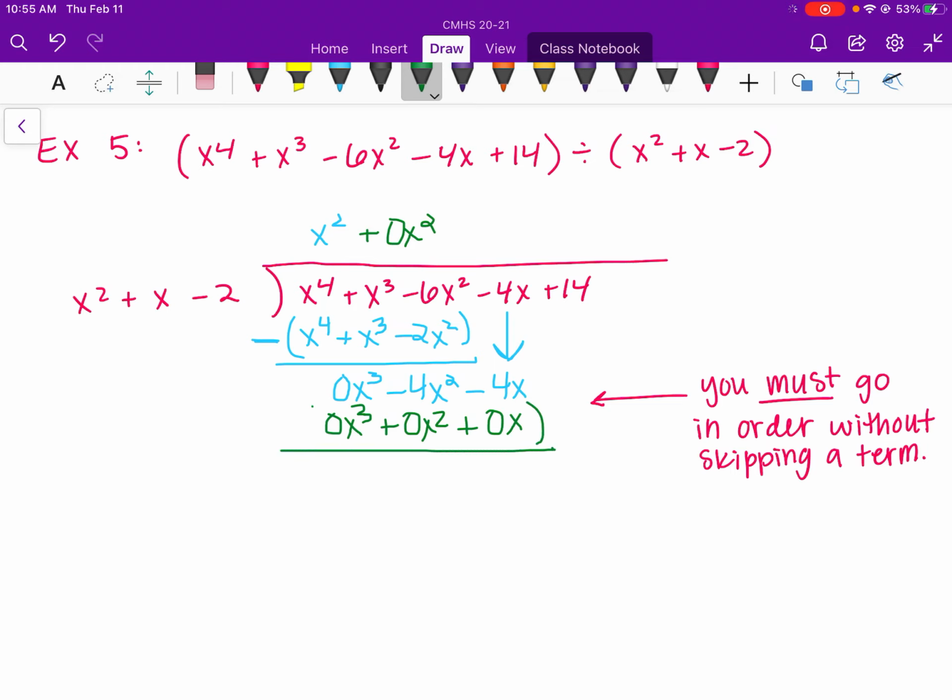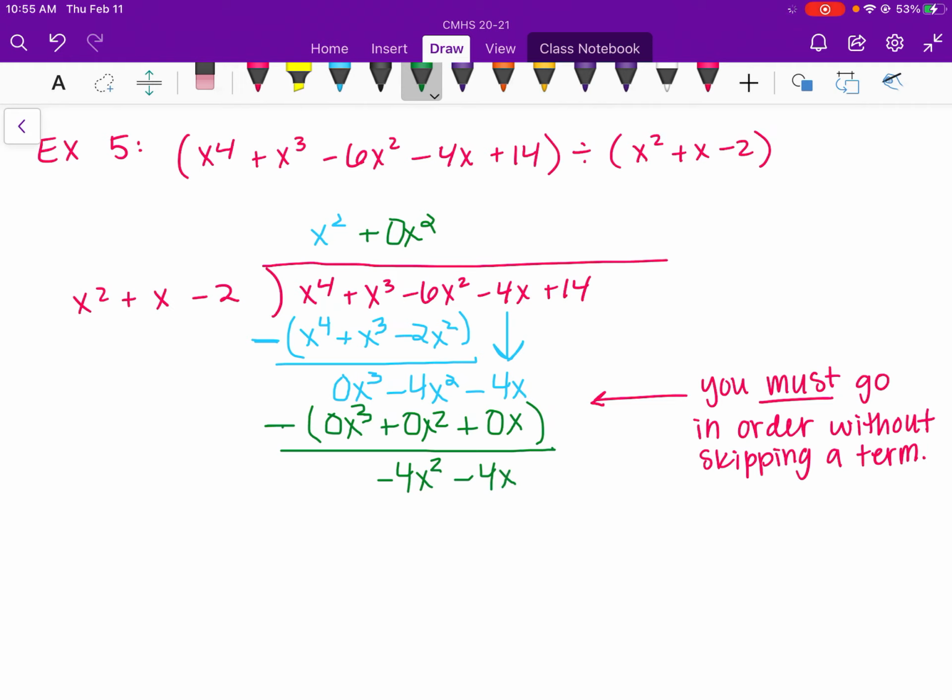Everything's going to be 0. If you multiply 0 by something, it's going to be 0. So slide everything down. The 3's are gone. For the x squareds, we have just negative 4 still. And for the x's, we just have negative 4x.